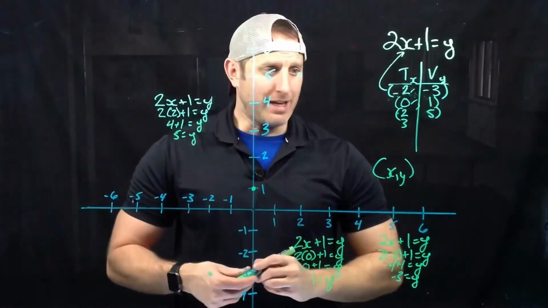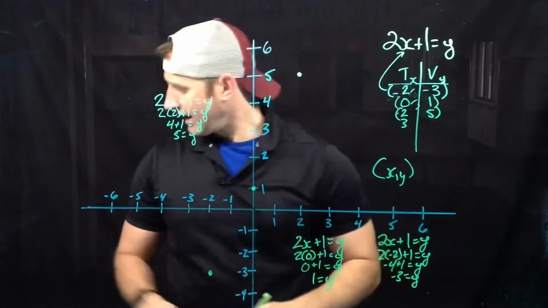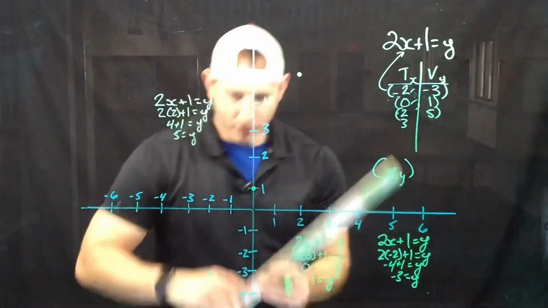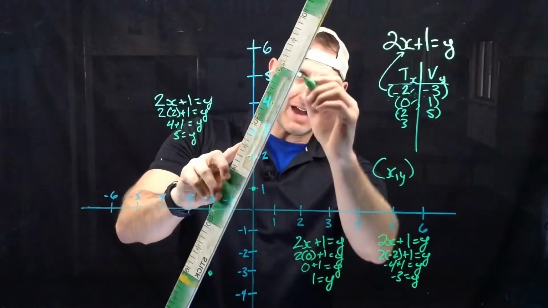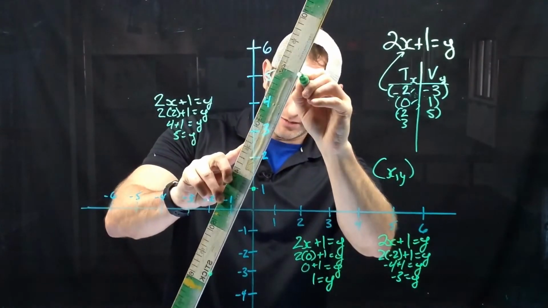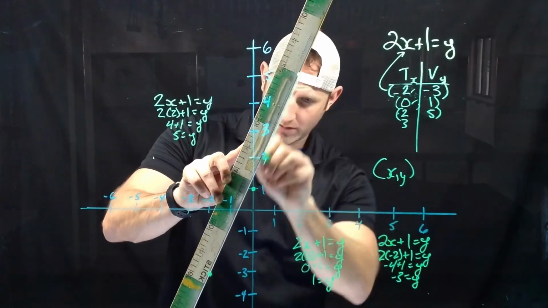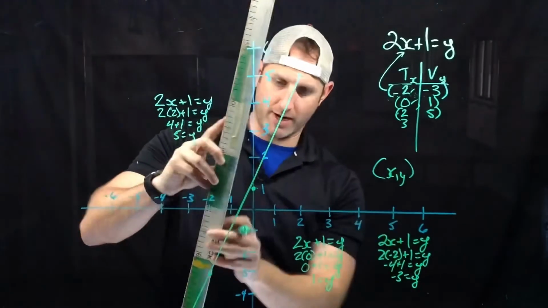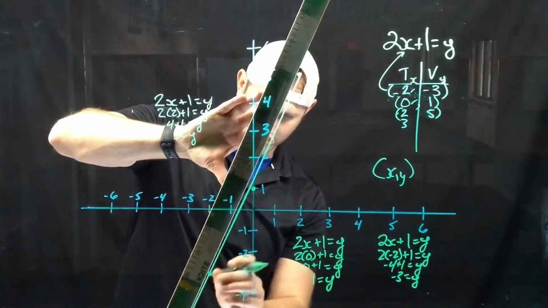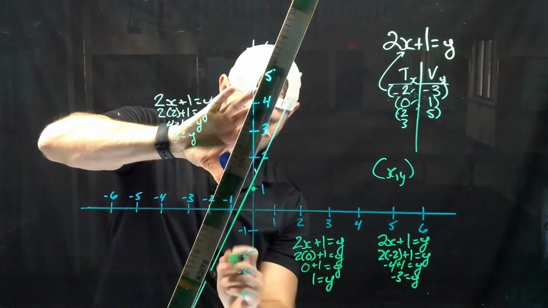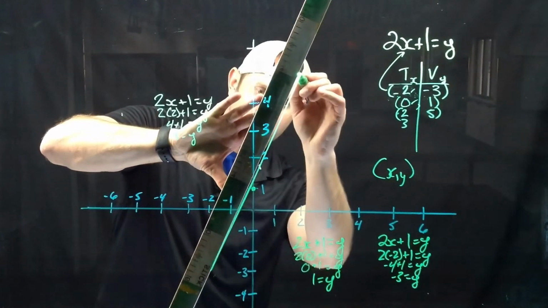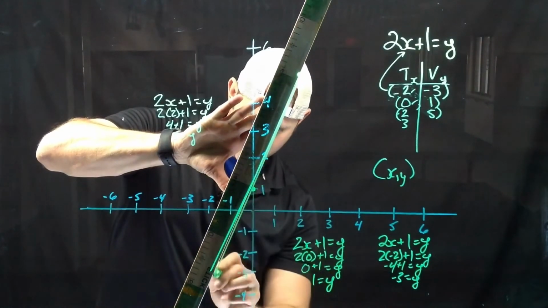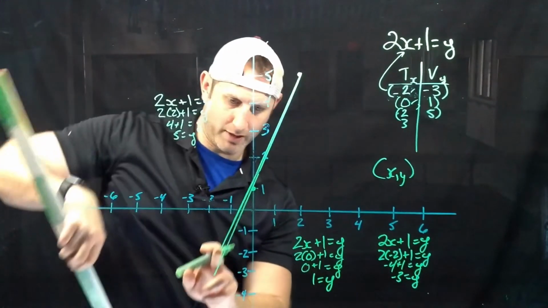And now what you can see here is, if we grabbed a ruler, we've got a straight line. Our pattern is growing on a straight line. That was not very straight at all. There we go, that should be about it.